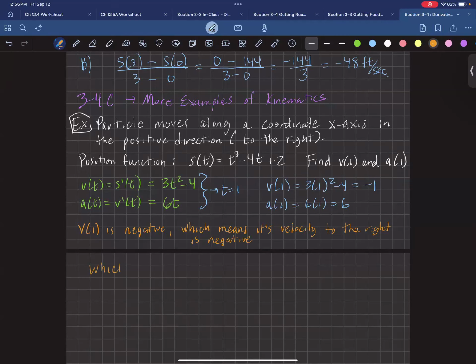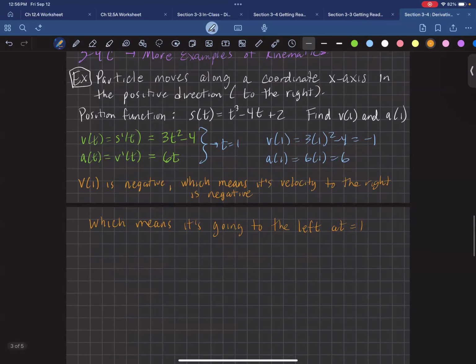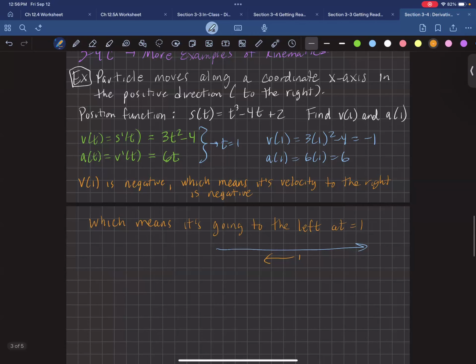Which means it's not going to the right, which means it's going to the left at t equals 1. So its normal direction of travel is this way, but at t equals 1, it's going that way. This is like the overall.